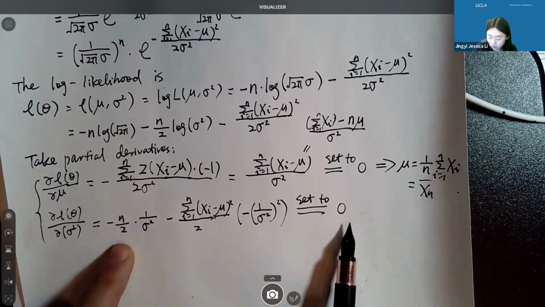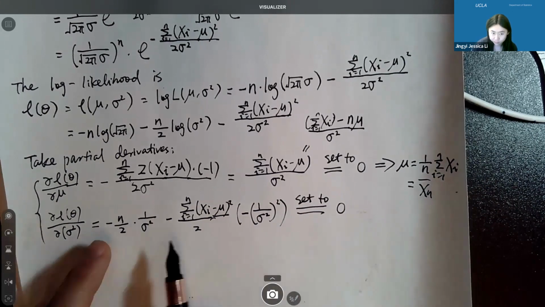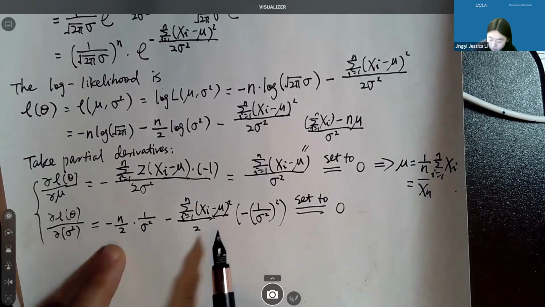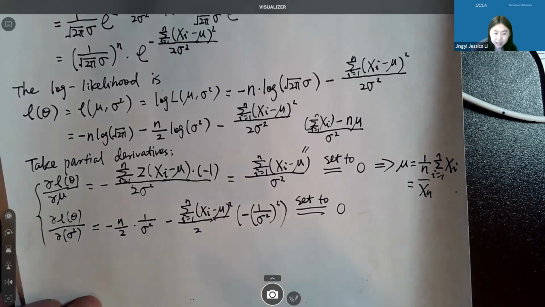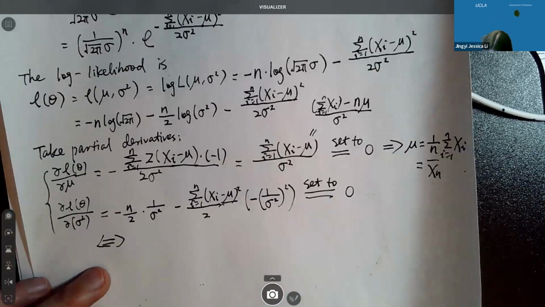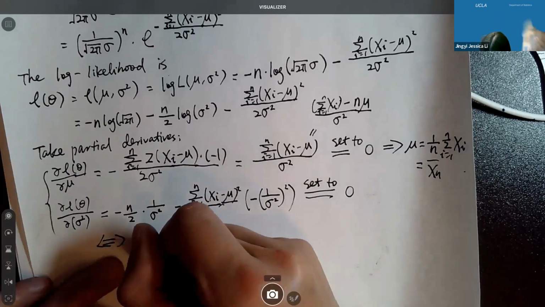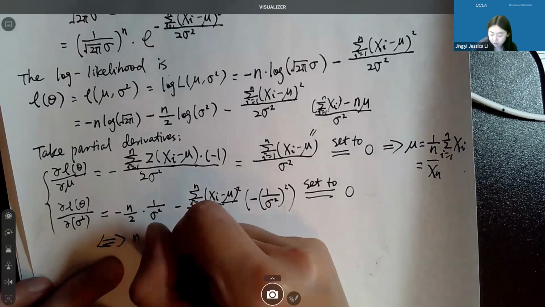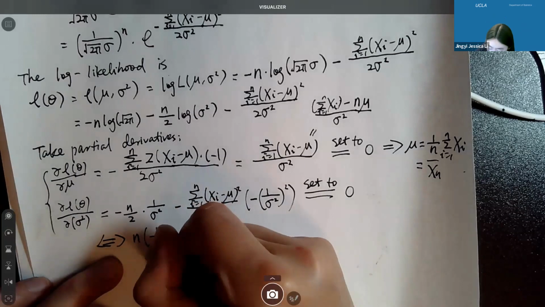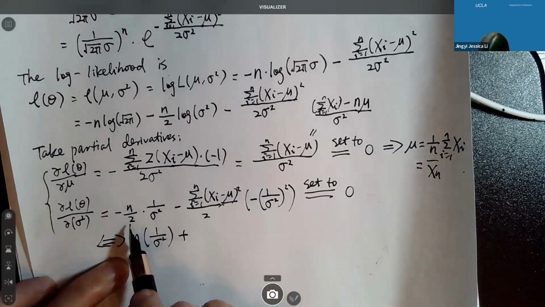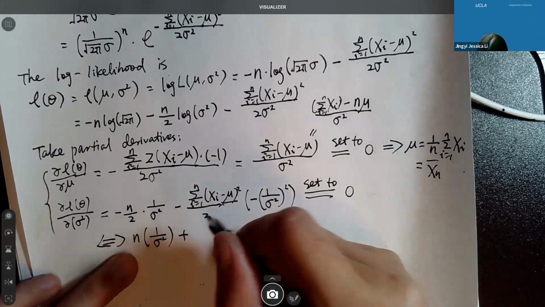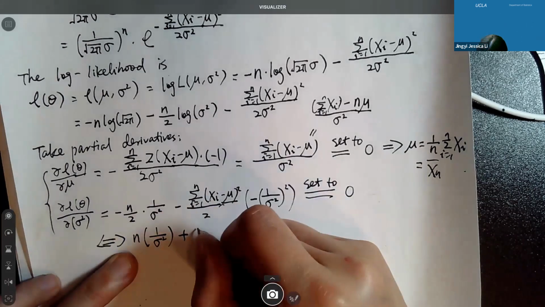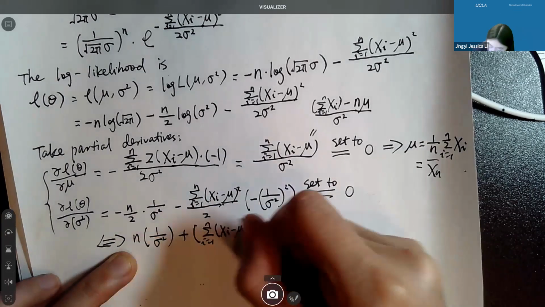This 1 over 2, which appears in both terms, can be gone. So setting this to 0 is equivalent to saying that we have n times our target 1 over sigma square, and I remove the negative sign in both terms, I remove dividing by 2 in both terms, plus this term, sum of (xi minus mu) squared, i from 1 to n, this stays.